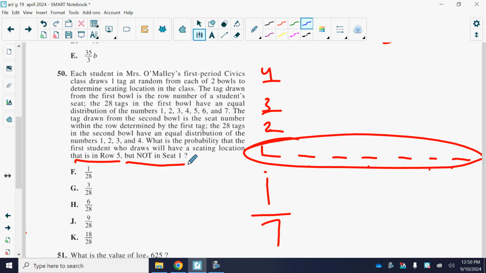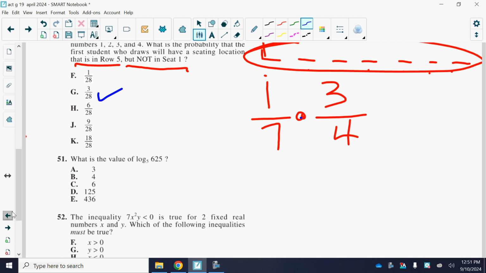And then not seat 1, so there's 4 seats. 3 of them are not seat 1, huh? And you times the probability. It's probability and, just like the percentage problem with the snowman, there was another one I just forgot, but you times the probabilities, times that on your calculator, Mathafracka.